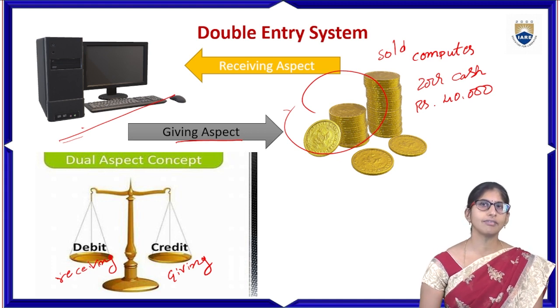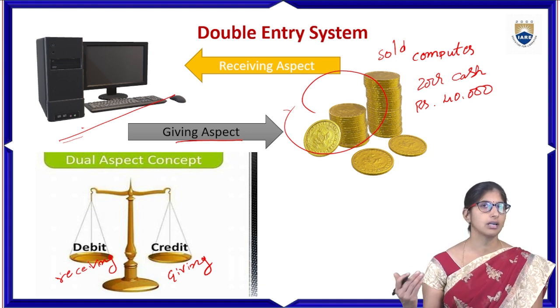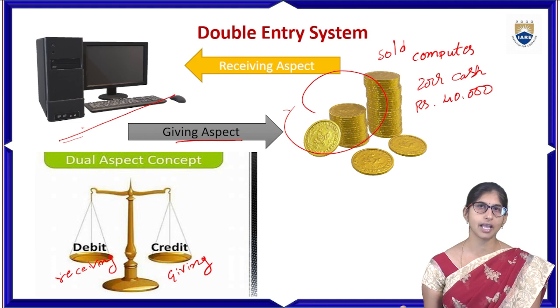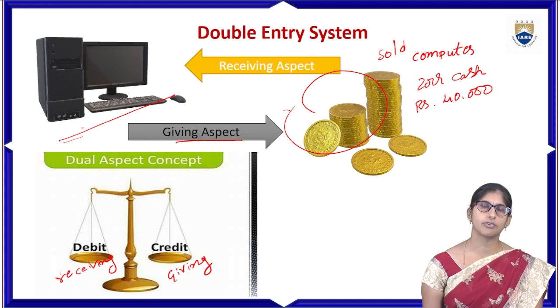So that one gets motivated and improves his business, and he can compare with his competitors, apply a few more strategies, and go on with better solutions for his business to earn more money. That is the reason this dual entry system is in practice till today, and it will be there forever.